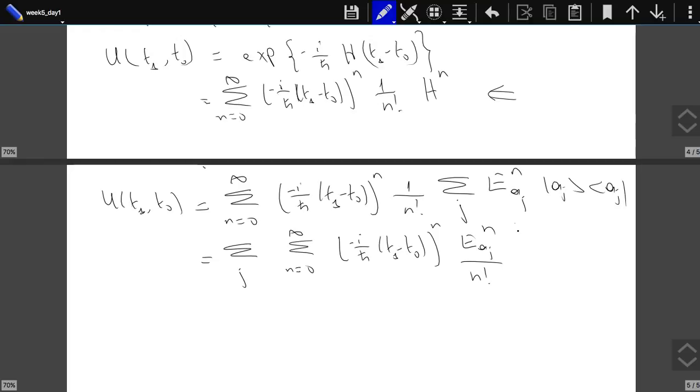A stationary state is an energy eigenstate. A superposition of energy eigenstates is not an energy eigenstate, not necessarily. So it is not a stationary state.